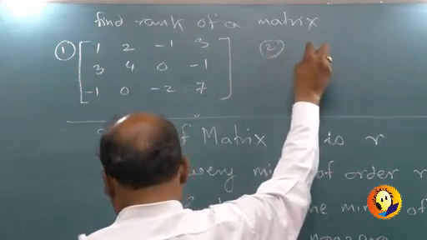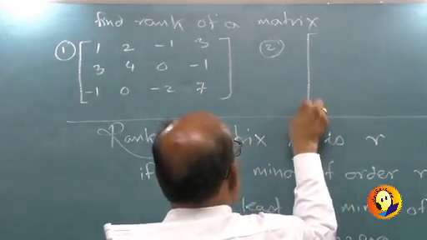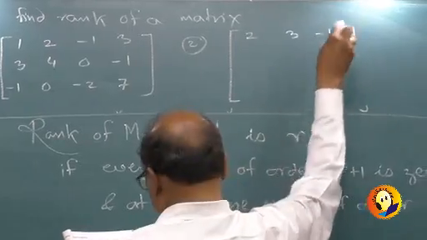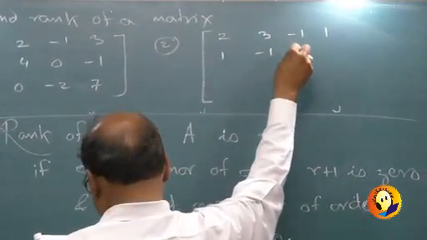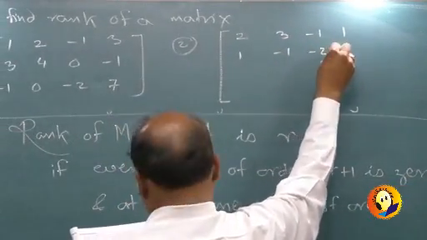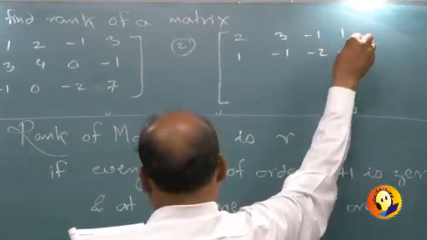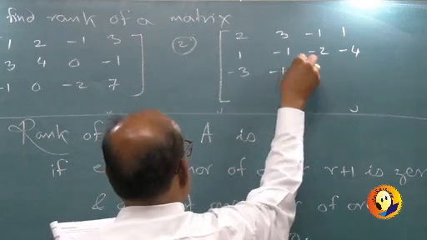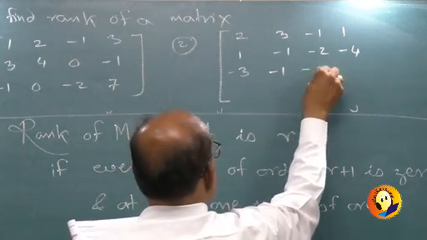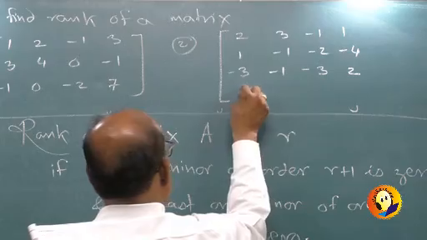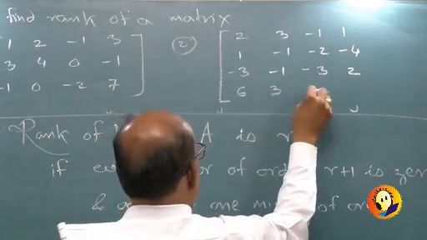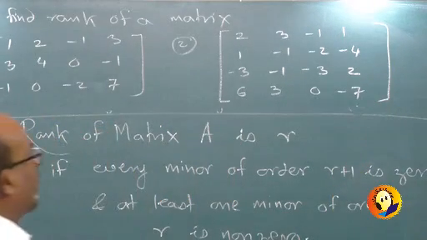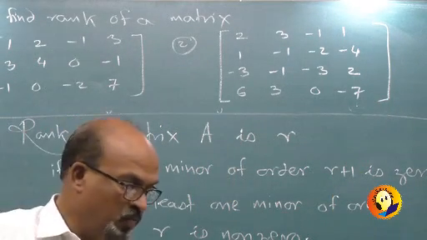And the second one is 2, 3, minus 1, 1; 1, minus 1, minus 2, minus 4; 3, minus 1, minus 3, 2; 6, 3, 0, minus 7. And the question is to find the rank.